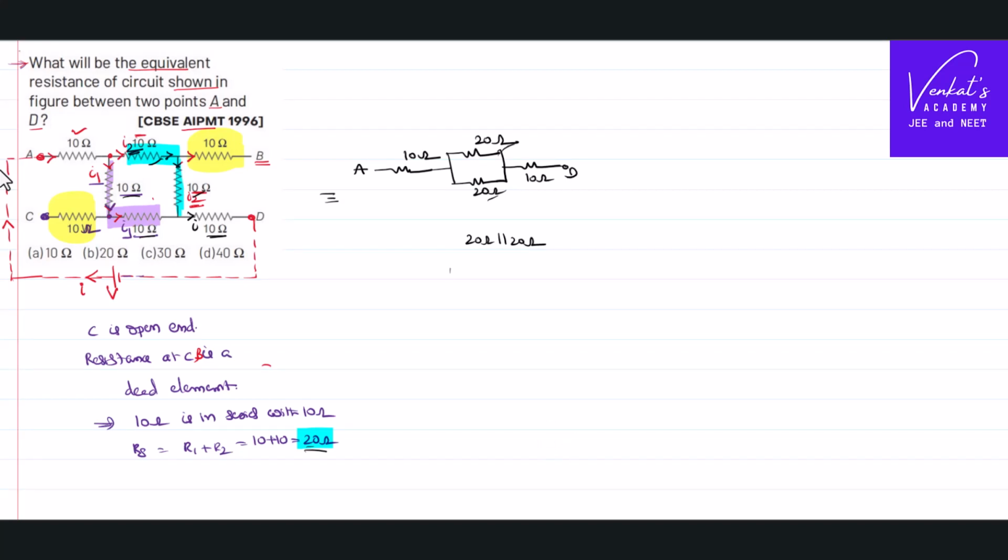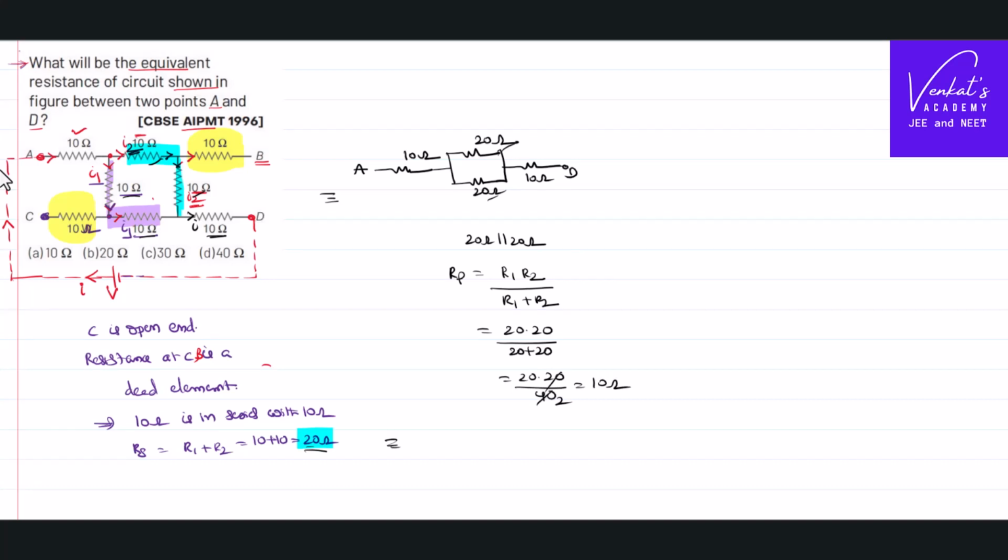When two resistors are in parallel, R parallel equals R1 R2 by R1 plus R2. But R1 is 20, R2 is also 20, R1 plus R2 is 20 plus 20, that is 20 into 20 by 40, that is 20 by 2, which equals 10 ohms.